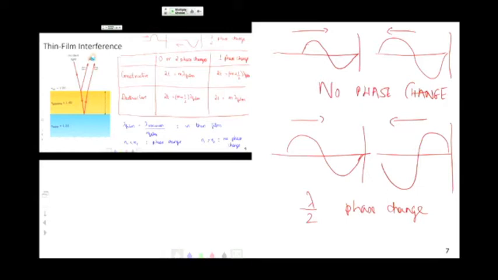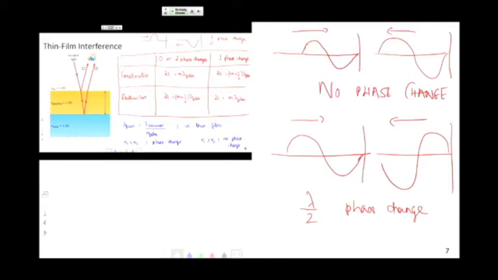The colors you see are constructively interfering. The colors you do not see are destructively interfering. Does that make sense? So both are happening. Some are getting cancelled out, the destructive interference, and some are getting reflected, constructive interference. So when something appears blue, it's because blue is interfering constructively.